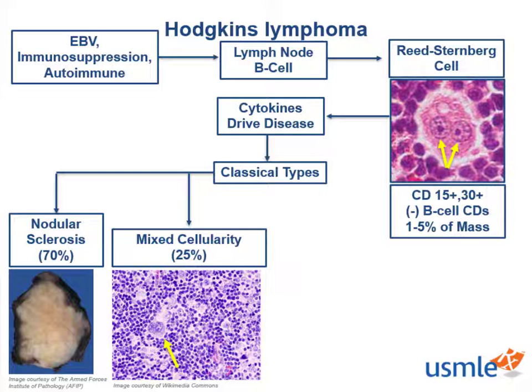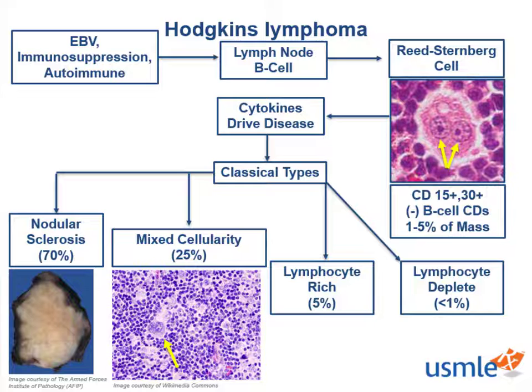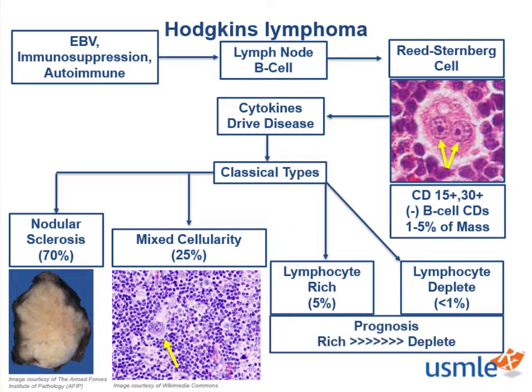Next, there are 2 other forms of Hodgkin's lymphoma: lymphocyte-rich and lymphocyte-depleted, which both make up a minority of cases. Let me ask you, which form, the lymphocyte-rich or depleted form, do you think has a better prognosis? The lymphocyte-rich form has a better prognosis. Use logic.